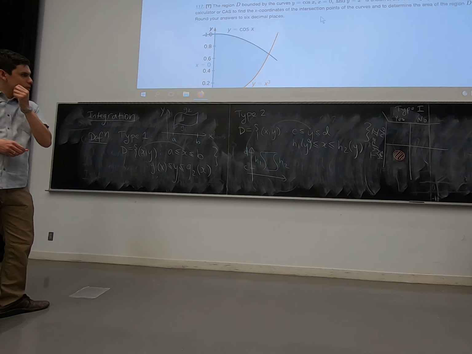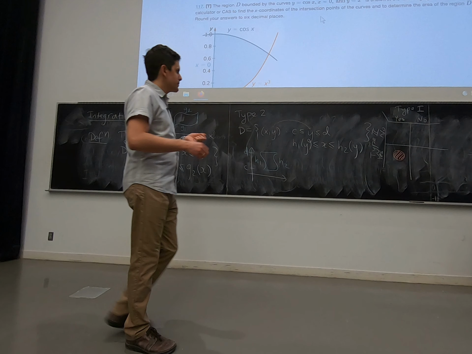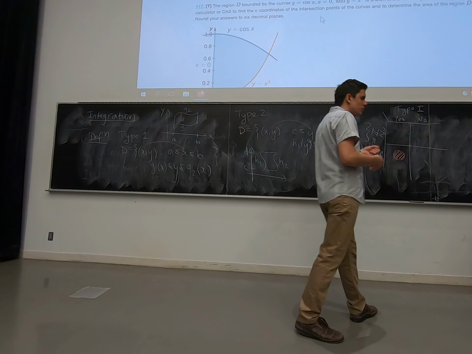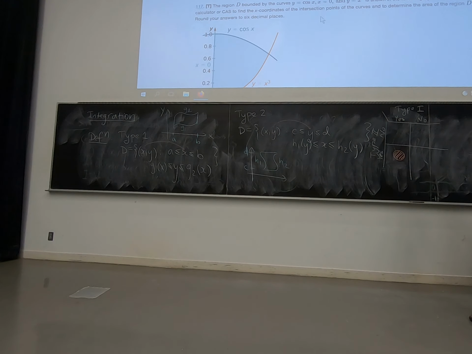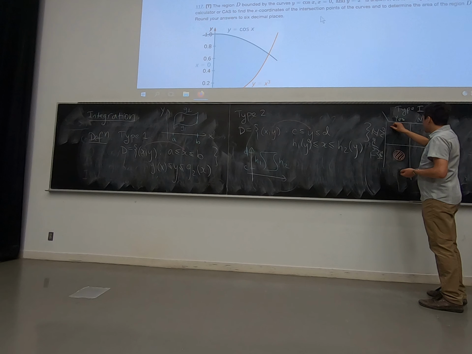So one of the ways that we can break this is by having some discontinuous jump in our region. So if we want to be type 1, we're going to be bounded by x and y.